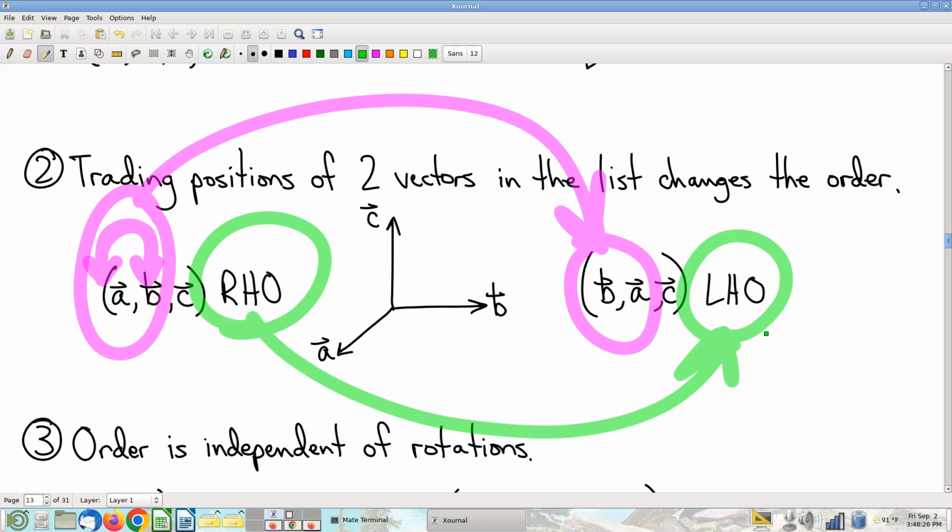I claim that this list, BAC, is left-handed because B first, A second, C third. So this ABC is right-handed. This BAC is left-handed.